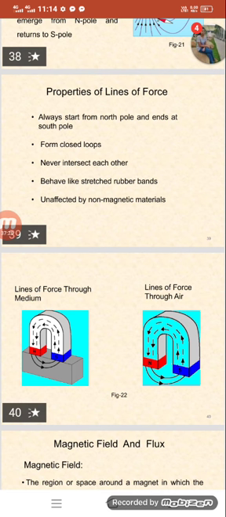In the air also, they travel from the north pole to the south pole of the horseshoe magnet. Here we are using a horseshoe magnet also. In the horseshoe magnet too, the magnetic lines travel from the north pole through the medium to the south pole. In the air case also, the magnetic lines travel from the north pole through the air to the south pole.